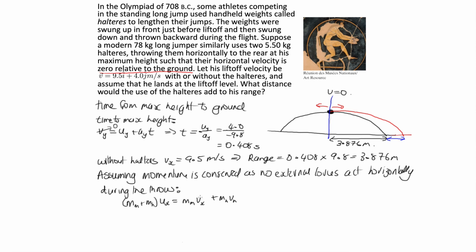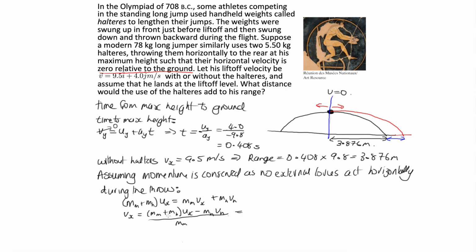So what I'm trying to find is this Vx, the final velocity. So let's rearrange this: Vx is equal to the mass of the man plus the mass of the halters times Ux, minus the mass of the halters times the velocity of the halters, and then I'm going to have to divide by my mass of man.